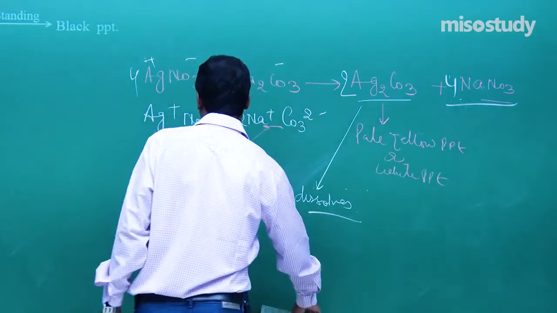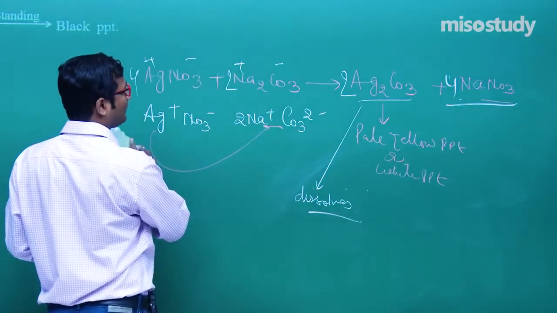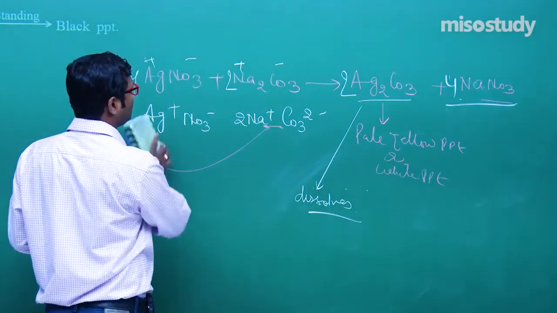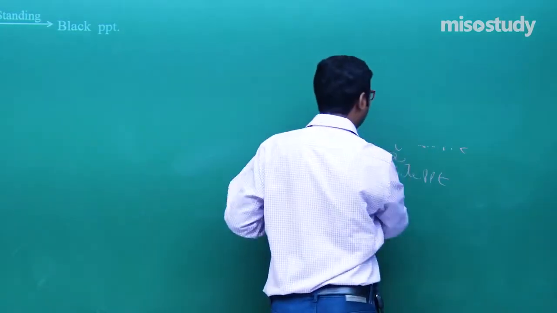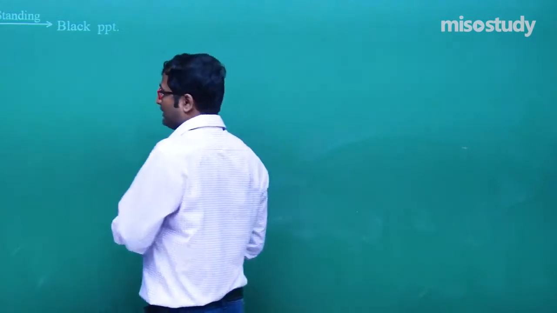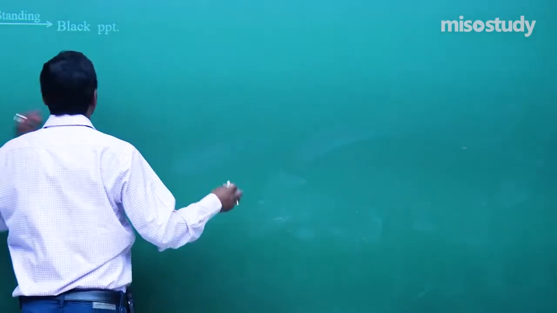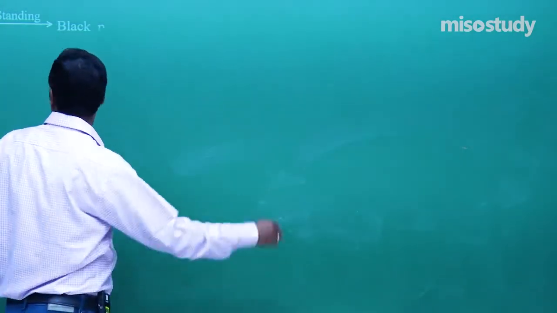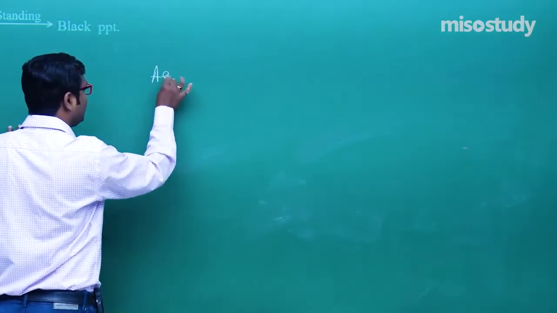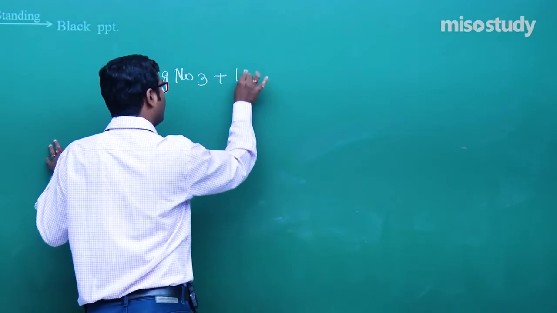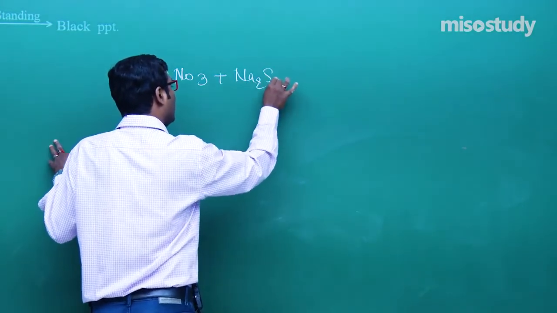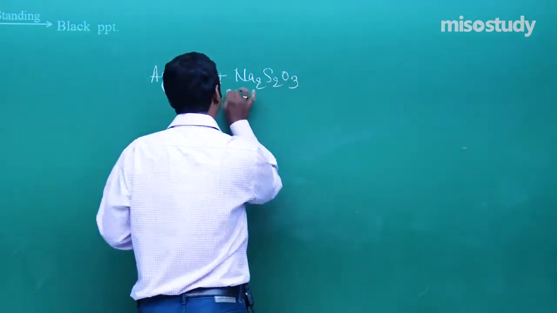Now let's move to the next one. Wait for a moment. Okay. Now let's check the next option. What will happen? The next option is given Na2S2O3. If I talk about AgNO3 on treatment with Na2S2O3, what will happen?